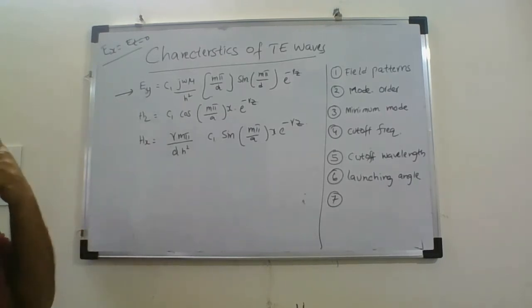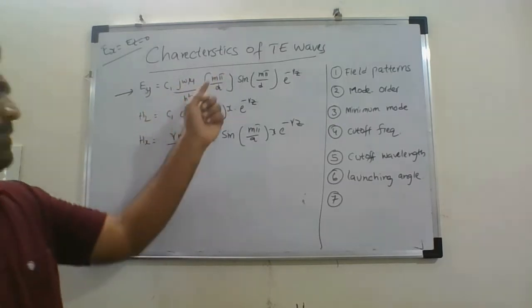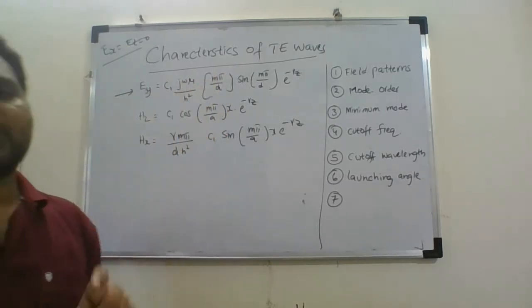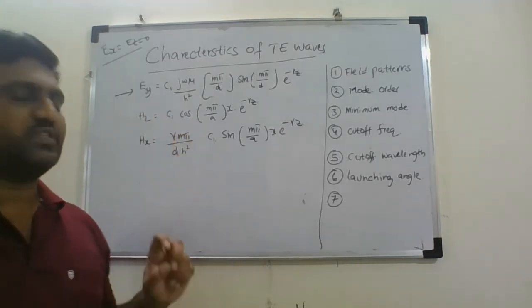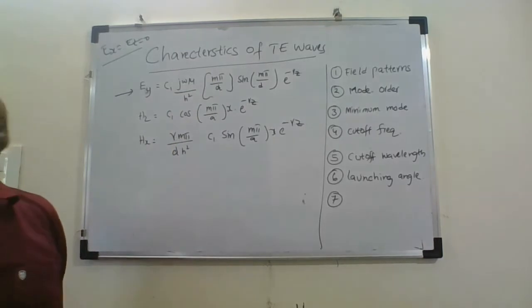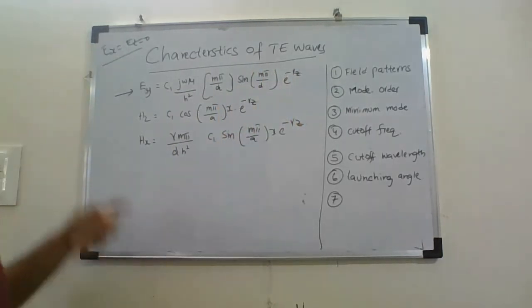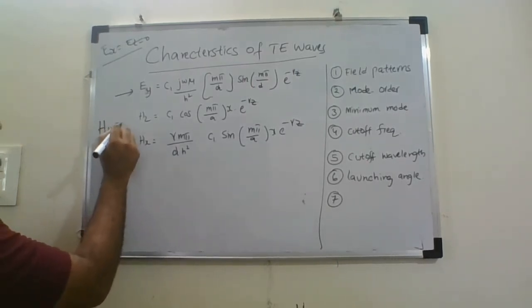Ey is equal to C1 into j omega mu by h square into m pi by d, or m pi by a, whatever it is, a or d, which represents the distance between the two plates, which is the dimension of the waveguide, sine of n pi by d into x, into e power minus gamma z. Similarly, the H component Hy will be 0.